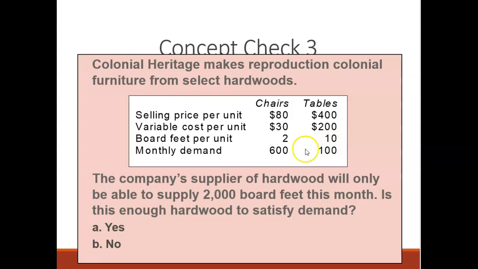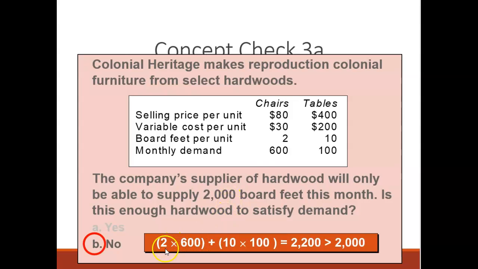There's 100 tables, that's 1,000. There's 1,200 here. 1,200 board feet are required for the chairs. I add those together, 1,000 plus 1,200, that's 2,200 board feet. Do we have enough to supply 2,200? No, we don't. So here's the 2 times the 600 plus the 10 times the 100. We need 2,200. We only have 2,000.